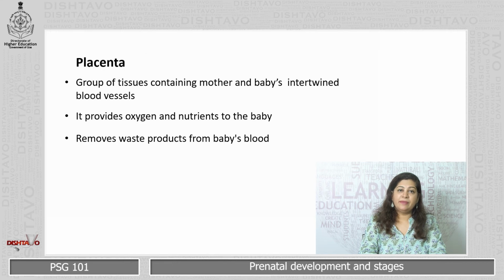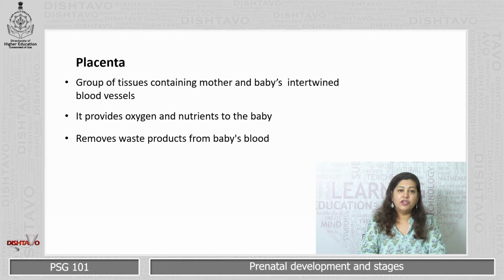While the placenta is a group of tissues containing both mother and baby's intertwined blood vessels. The function of the placenta is to provide oxygen and nutrients to the growing baby. It also removes waste products from the baby's blood.